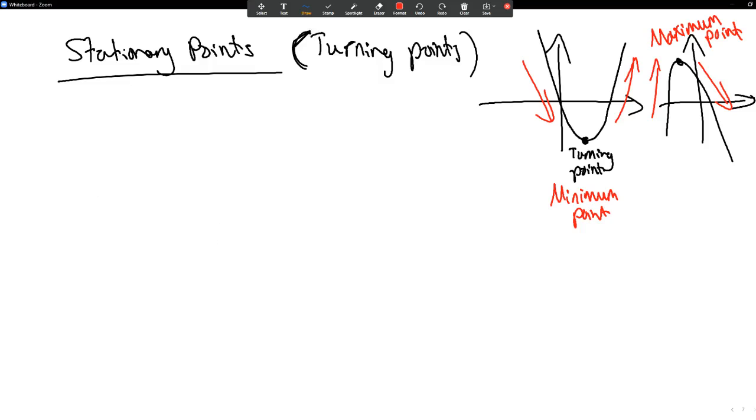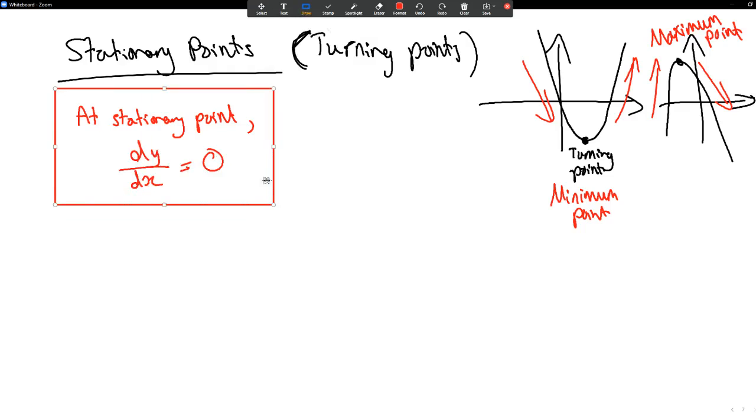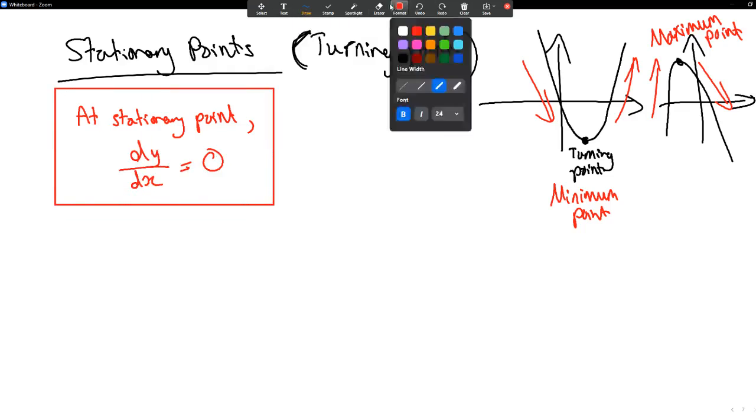But how does calculus help us find this turning point? Well, there's this rule, and it's that at the turning point, or stationary point, dy over dx equals 0. And that is why it's important.